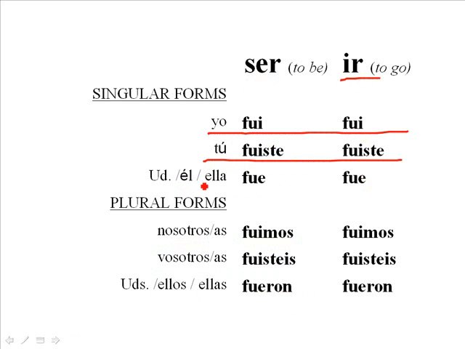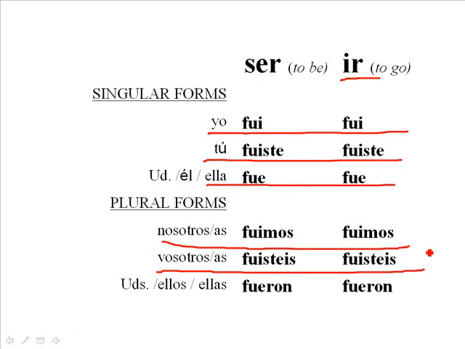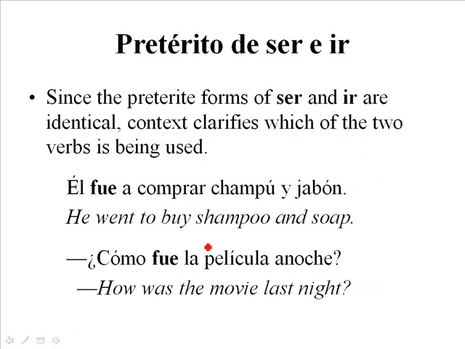Tú fuiste. Ella fue. Nosotros fuimos. Vosotros fuisteis. Ellas fueron. Okay? Remember, we need to know context to know which verb we're using. Él fue a comprar champú y jabón. ¿Cómo fue la película anoche?